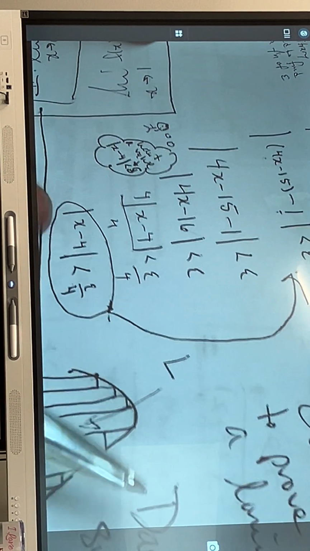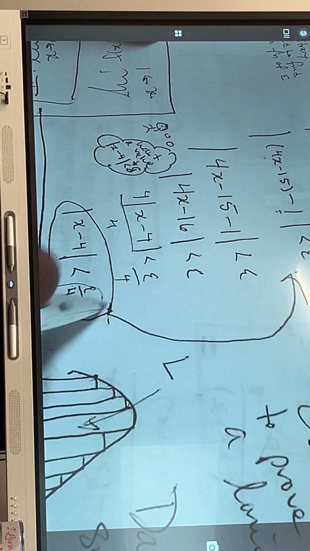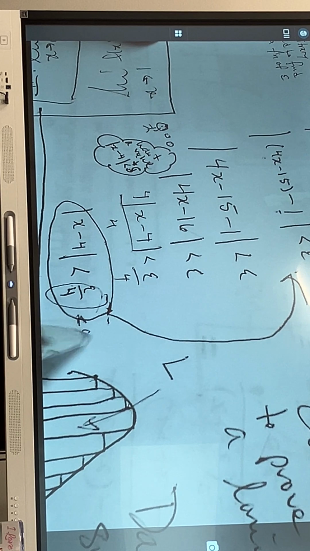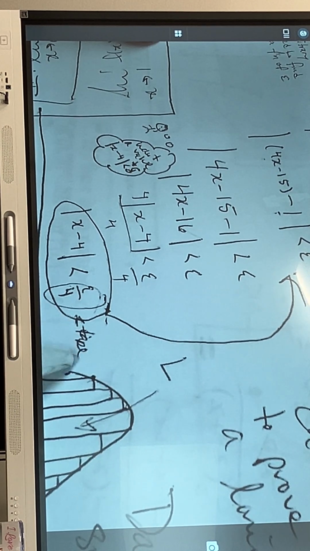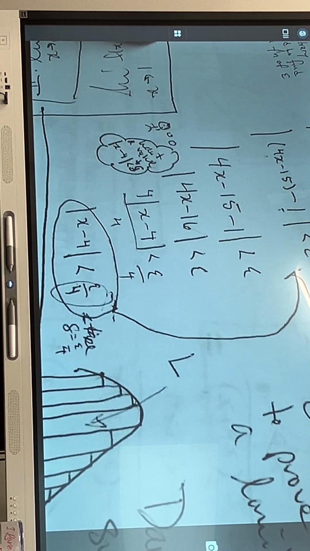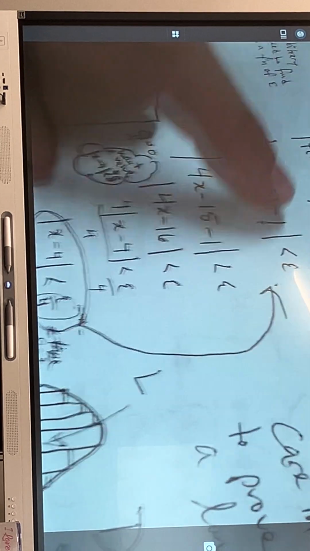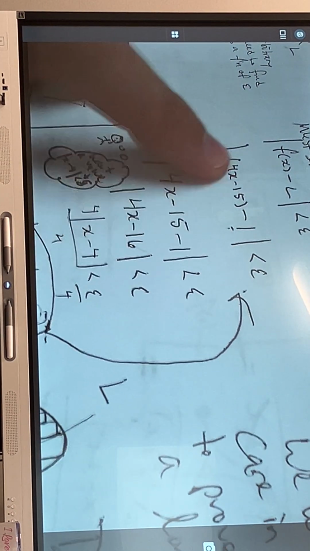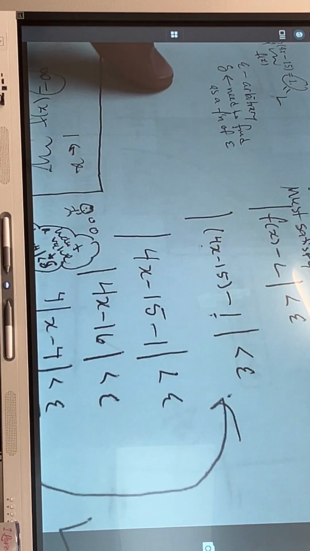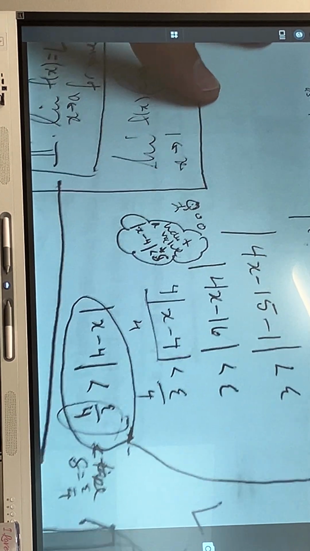It came straight from here. So now we just want to posit that this is our delta value, epsilon over 4. We would choose this for delta. Take delta equals epsilon over 4. And we would put that at the beginning, because that's actually where we start. We start the proof saying if x is this close, so now we're actually ready to do it.